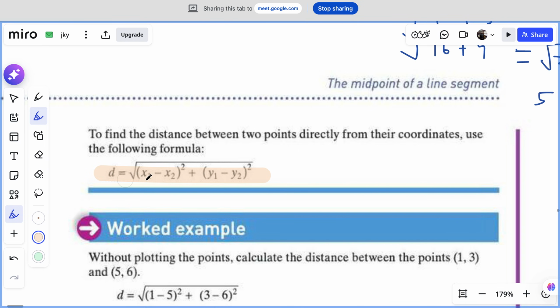Y will be 8. If x is 0, 0 times this, you get 0, then y will be 4. If x is 2, put 2 here. 2 times -2, you get -4. -4 plus 4, you get 0.